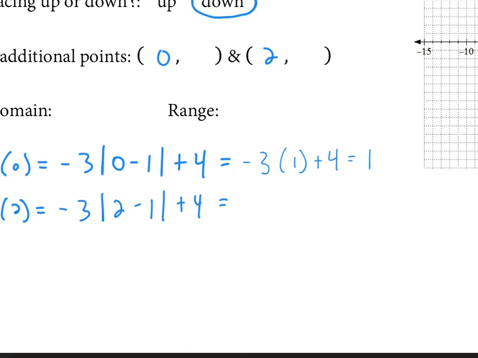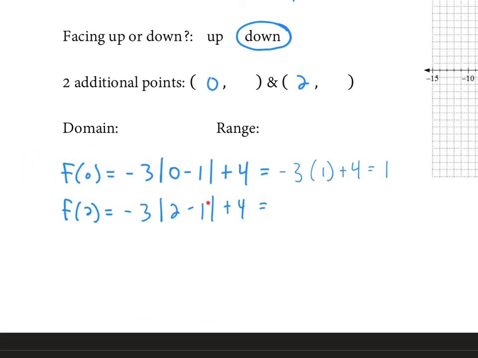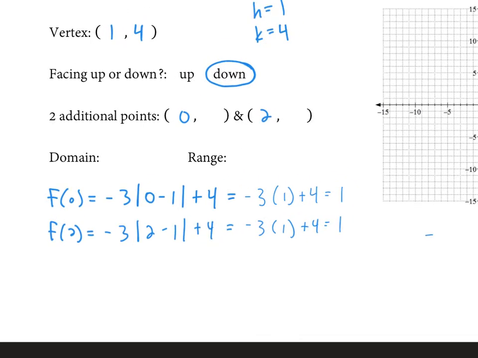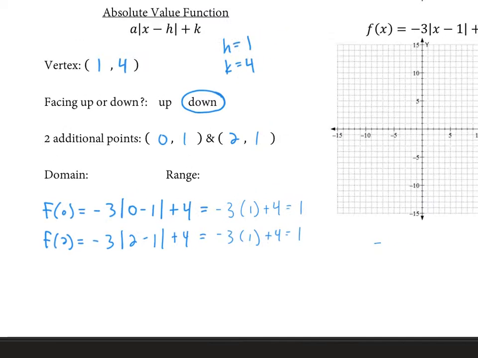So this is the same thing. 2 minus 1 is 1. Absolute value of 1 is 1. Negative 3 times 1. Okay, and you should always get the same y coordinate when you plug in h plus 1 and h minus 1.